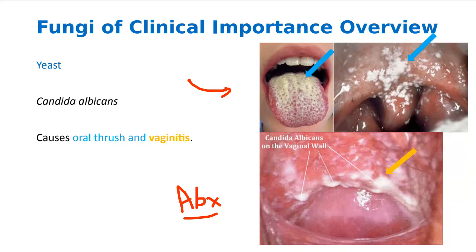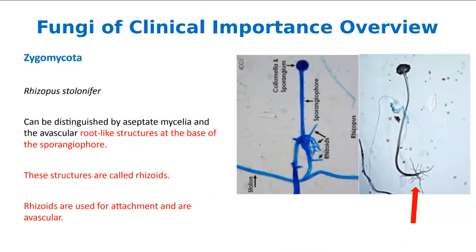Okay. So now let's move over to the lower fungi. There's only one example, and that's Rhizopus stolonifer. And what I want to tell you about this is, remember I told you it's about the mycelia. There are no cross walls in this mycelia, right? So it's a lower fungi. The other thing I will tell you about the lower fungi is that their spores are inside a vesicle, right?